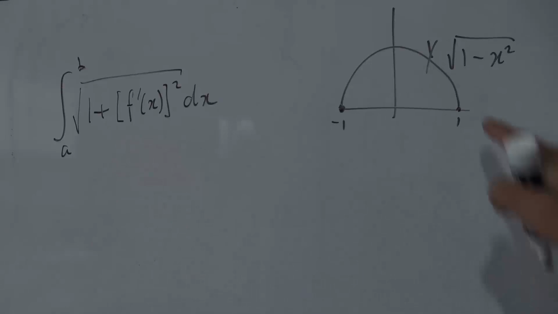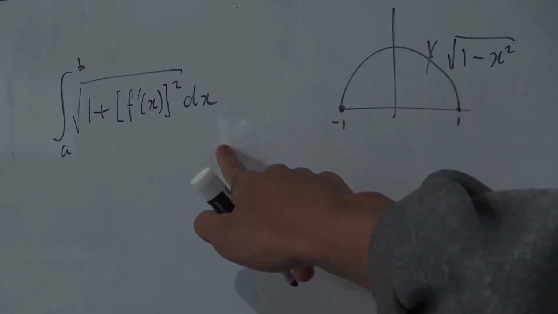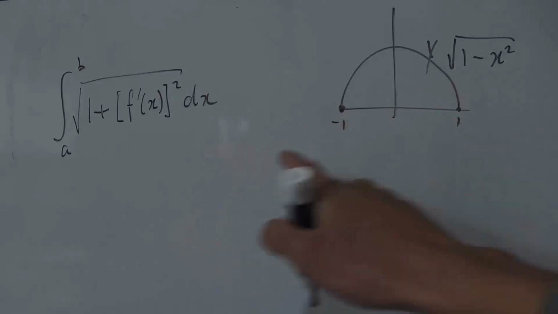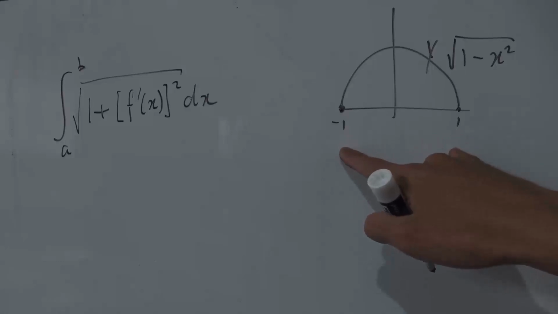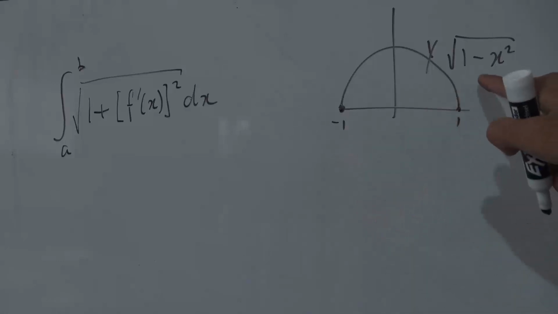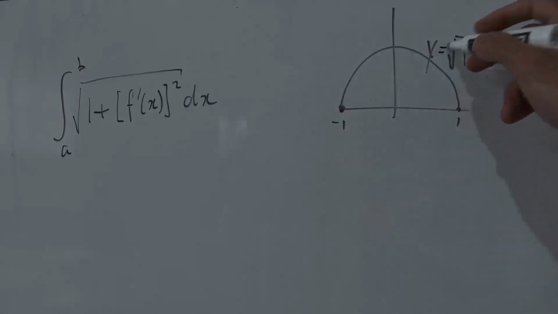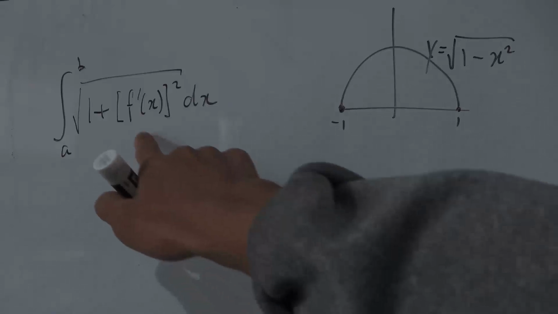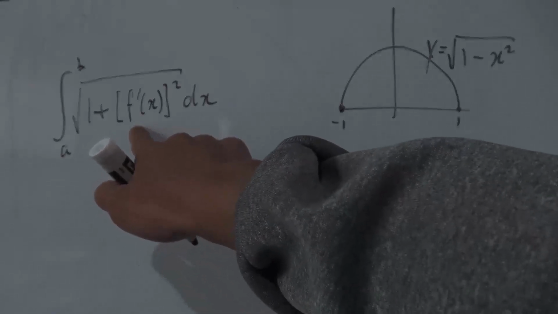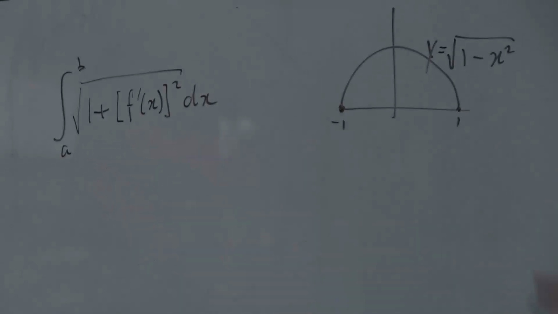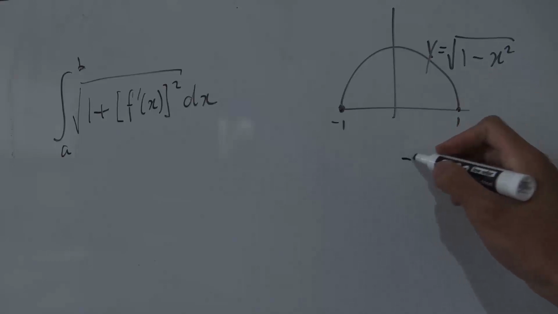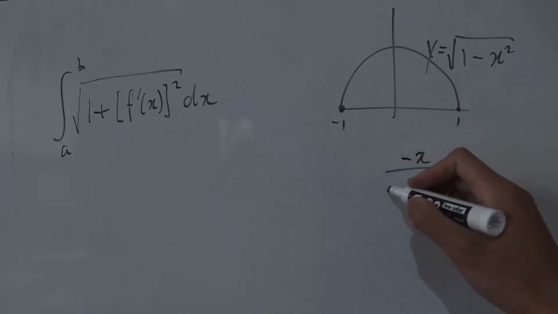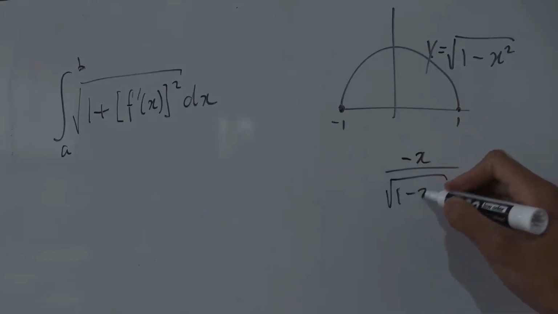So let's just throw all of this information into here. We know our bounds are -1 and 1, and our function is square root of 1 minus x squared. First of all, we want to find the derivative of that. If we differentiate this, what we get is -x over square root of 1 minus x squared.